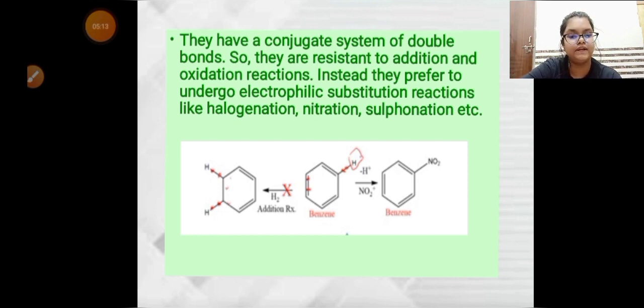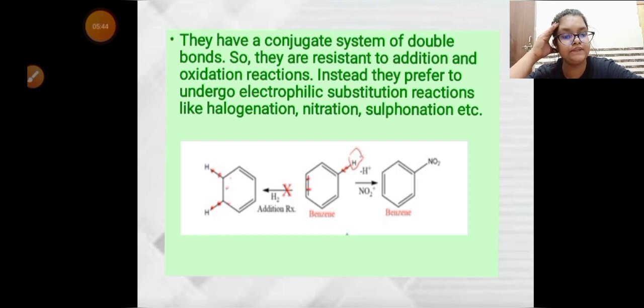So they resist addition or oxidation reactions because they would lose their conjugated system, and they prefer to undergo electrophilic substitution reactions like halogenation, nitration, sulfonation, etc. So, electrophilic substitution reaction means when the weak electrophile is replaced by the strong electrophile.